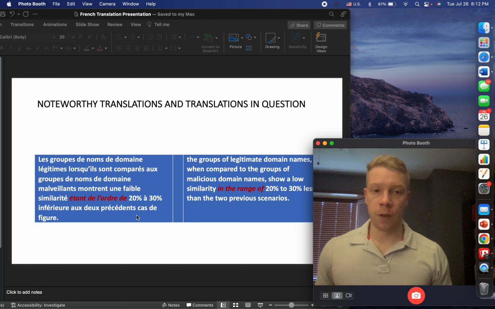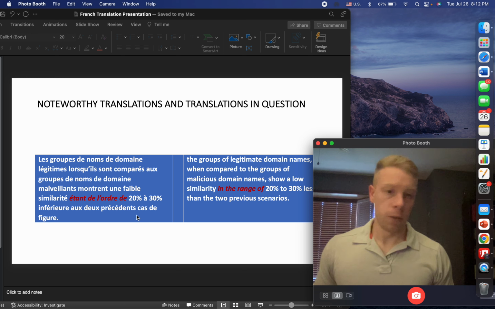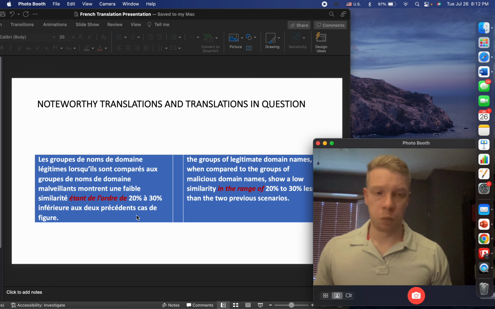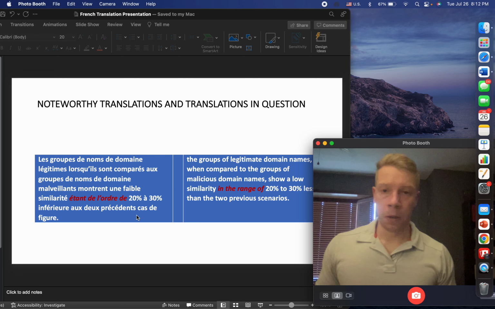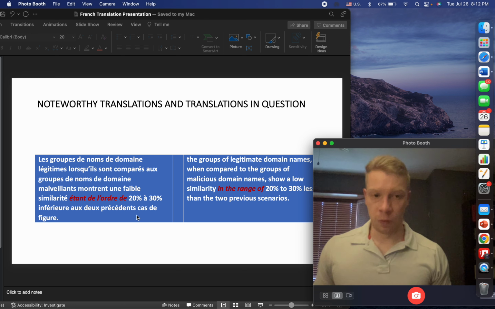And one that I found that worked perfectly, and I figured it must be the most accurate, would be "in the range of 20 to 30%." This in English sounds quite reasonable, and certainly much more intuitive and easy to understand than "being of the order of."